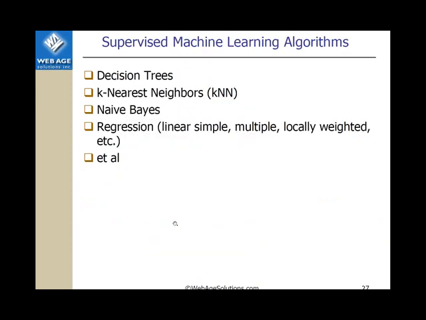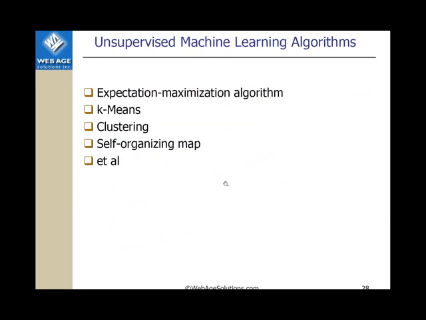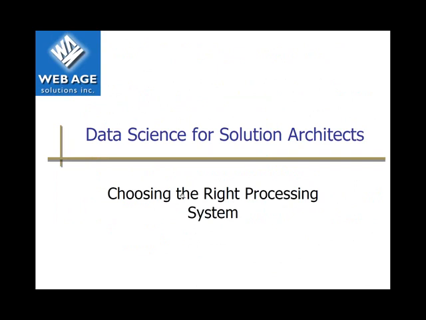For supervised machine learning, out of those two slides before, we can select naive Bayes, regression, KNN. Regression has a number of derivatives: linear, simple, and so on. For unsupervised machine learning, K-means is a very popular one, as is clustering, and so on.